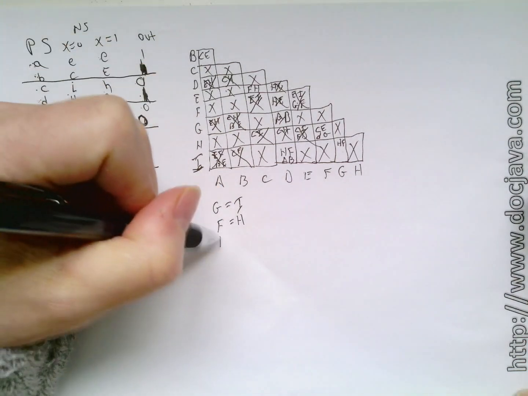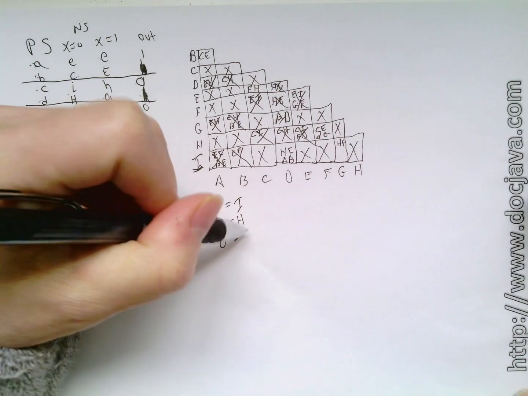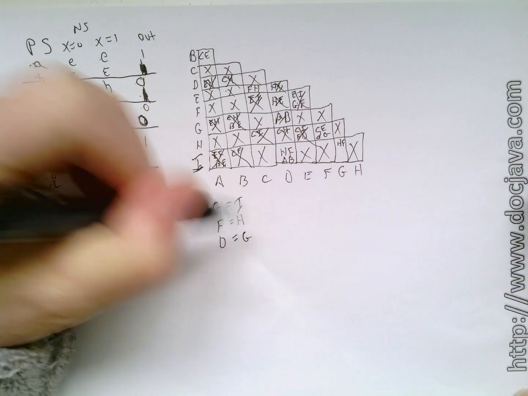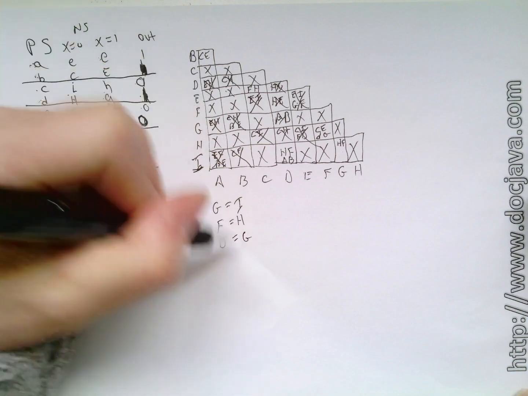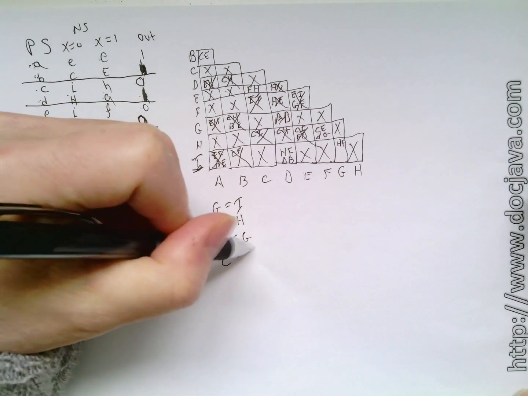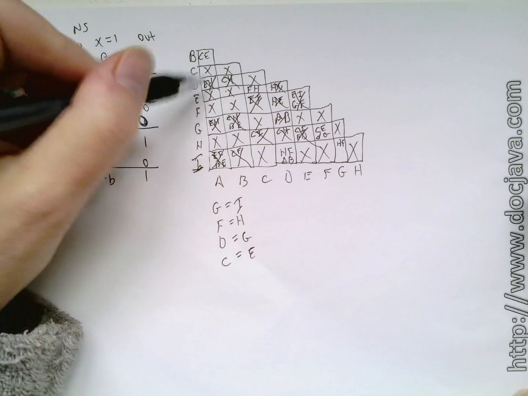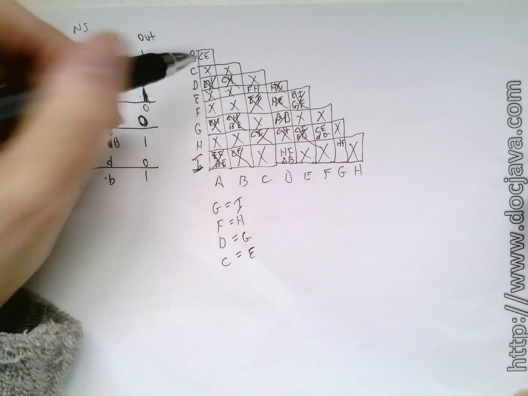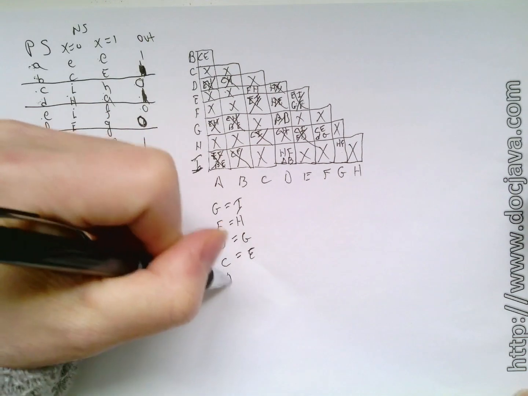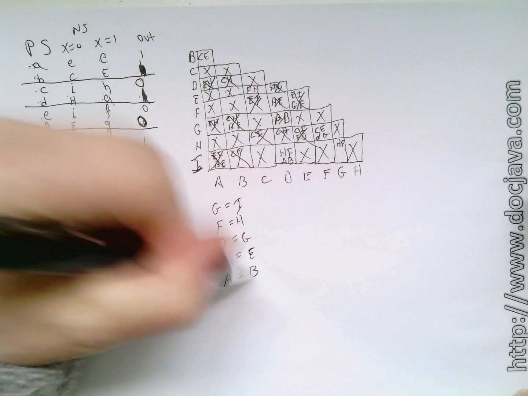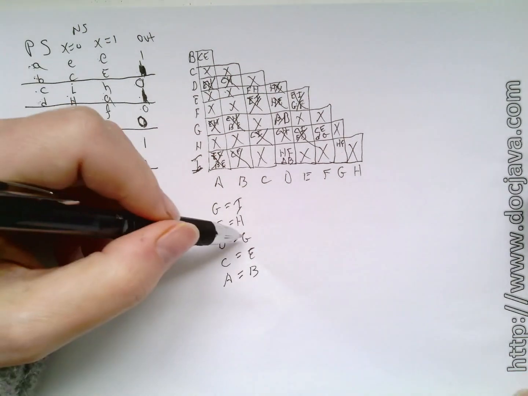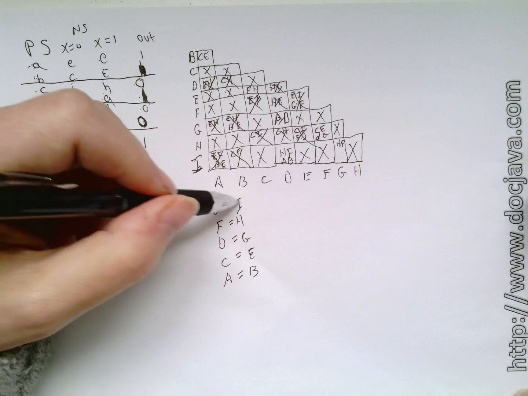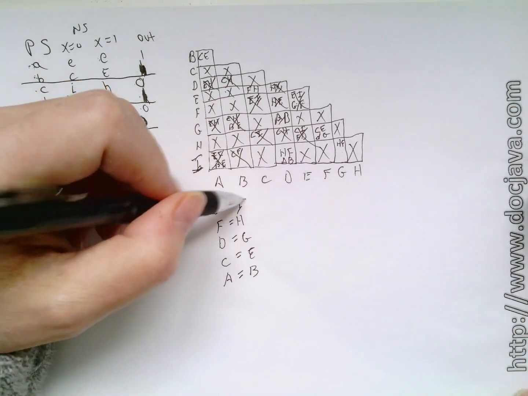D is equivalent to G. Okay. C is equivalent to E. Okay. A is equivalent to B. And if D is equivalent to G, then I must be equivalent to D.